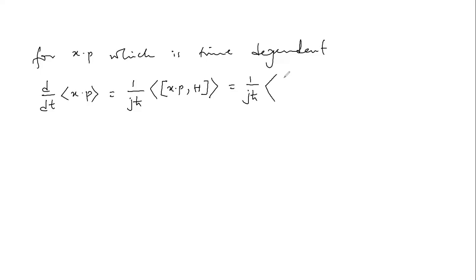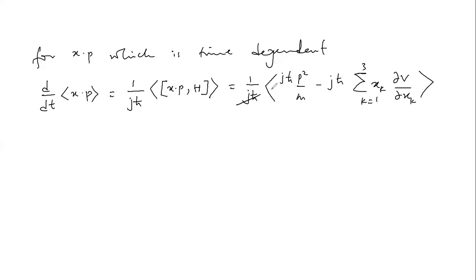Then the expectation value, we already resolved this, jħ p squared over m minus jħ sum over k taking on values from 1 to 3 of S_k dV/dx_k.